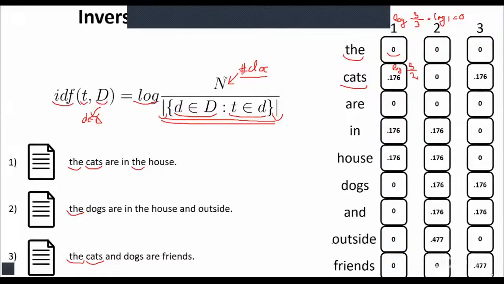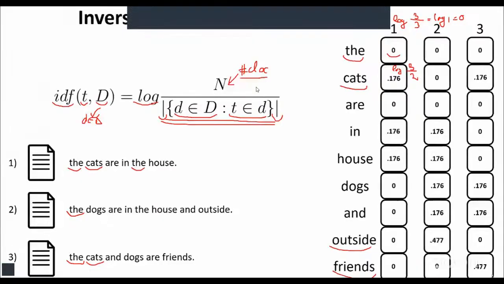On the other side, we have the words "outside" and "friends", which get a very high value in our IDF vectors of 0.477. And they get this value because they appear only once in our documents. "Outside" appears only once in the second document, and also "friends" appears only once in the third document.